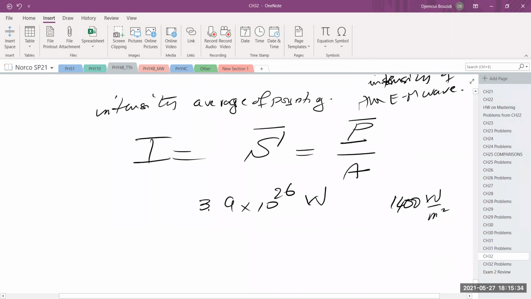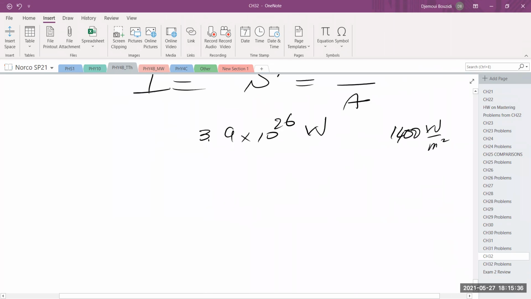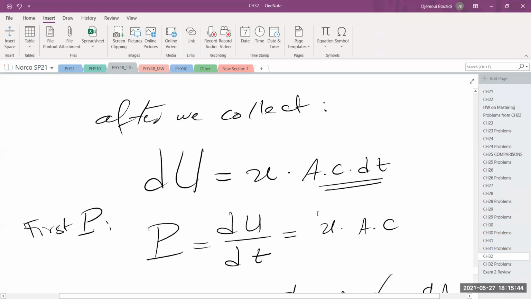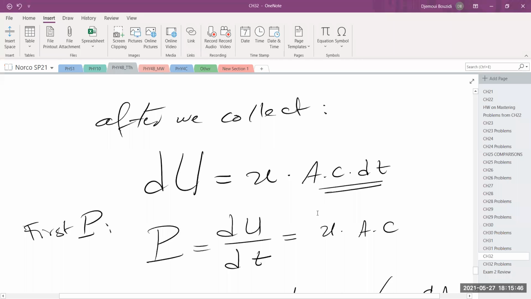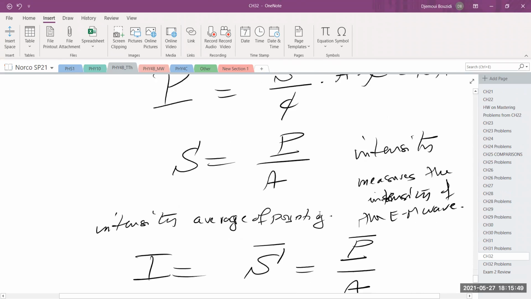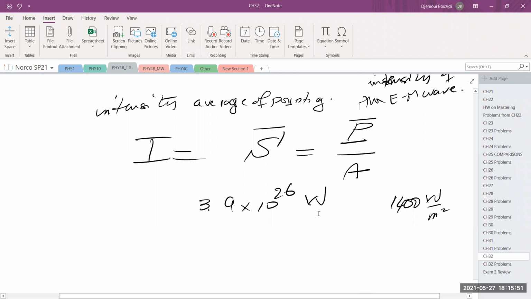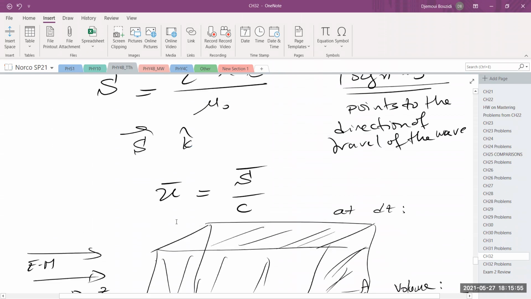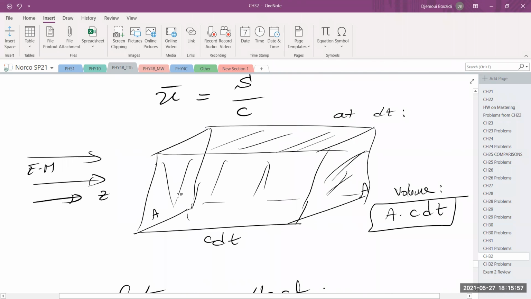Now here is another thing, and this is coming from physics 4D actually. Imagine with me the following scenario. We have a physical surface, and the energy is rushing to it.